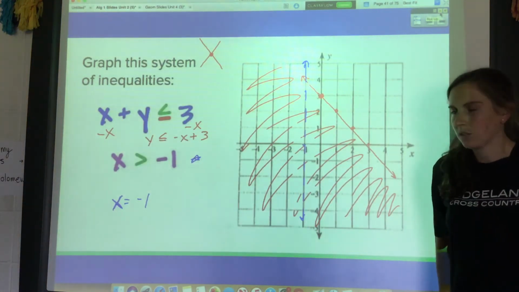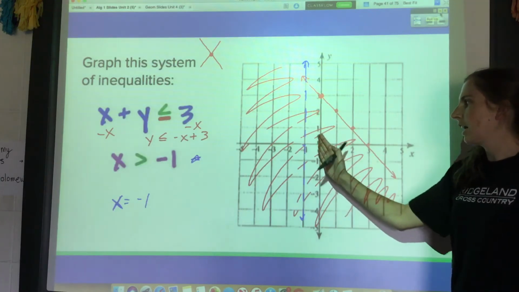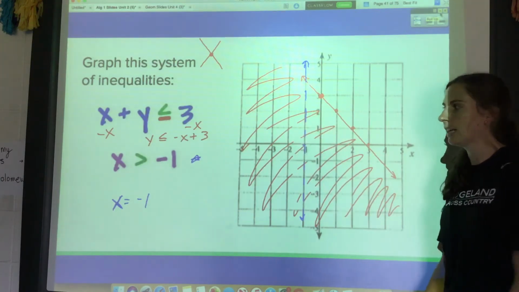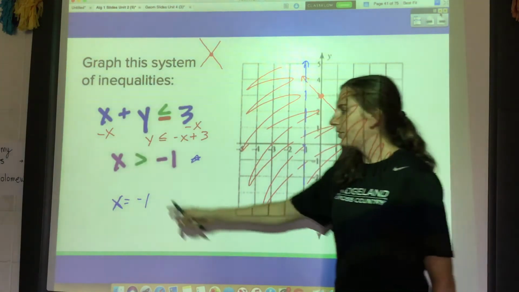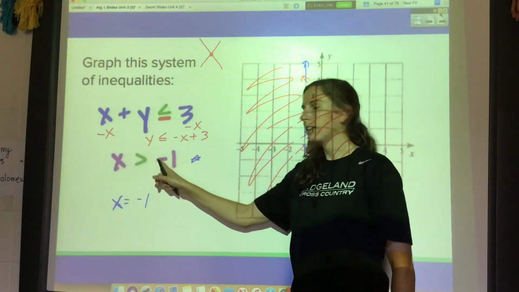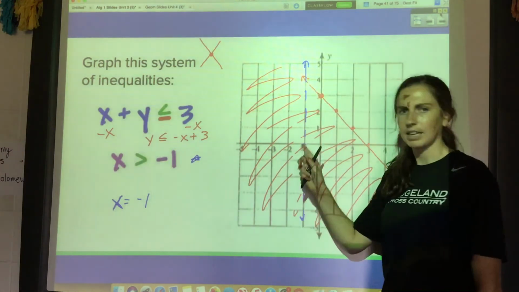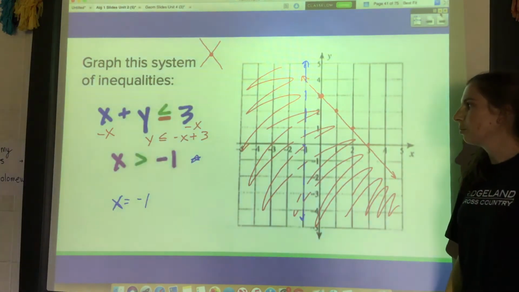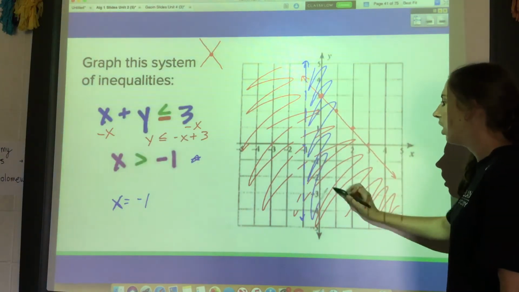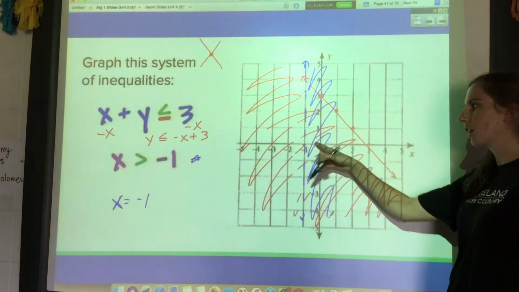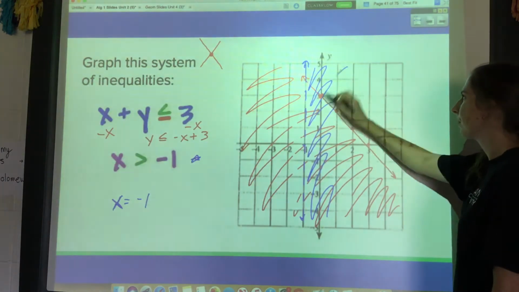This one's a little different from ones we've been doing because there's no above or below the line, it's just a vertical line. I want values that are greater than negative 1, so which way do you think I'm going to shade? You probably guessed that I'll shade to the right, and that is true, because all these are the x values that are greater than negative 1.